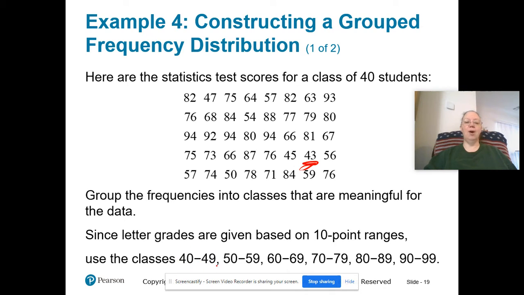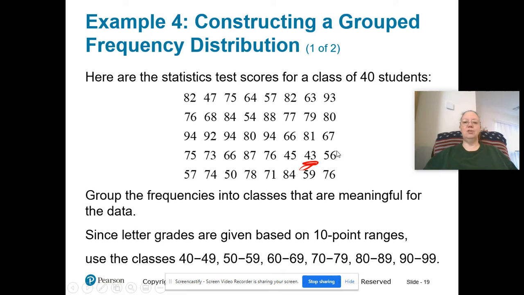We want to make sure each class is the exact same size. So if we have 10 points for this class, then we need 10 points for this class, and for this, and for that. Does that make sense? All right.